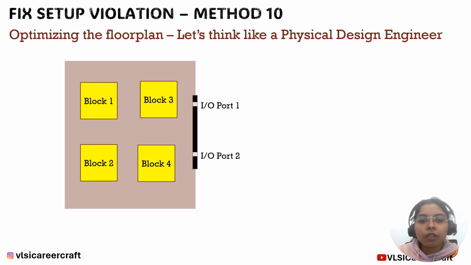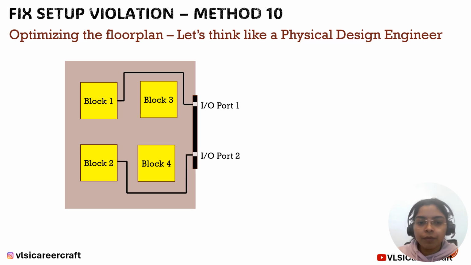Now, one more method of reducing the setup violations is optimizing the floor plan. Let's say I have a chip which has 4 blocks, and they need to be connected to the IO ports. This IO port is connected to block 1 and this one is connected to block 2. If you see, there is a large net which is going from block 1 all the way to IO port 1.